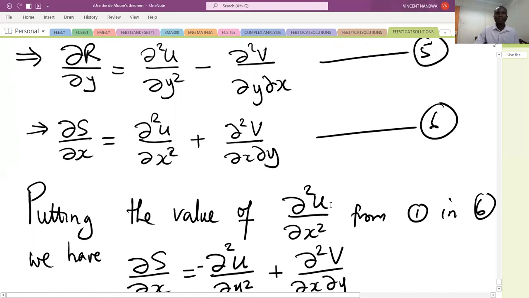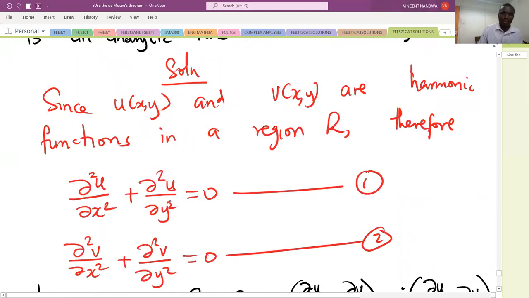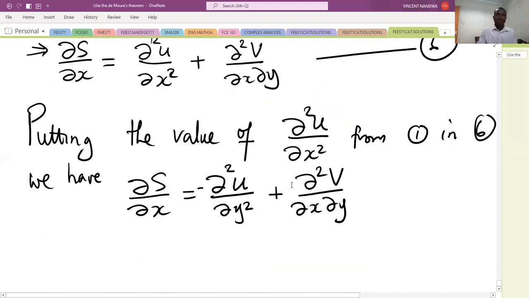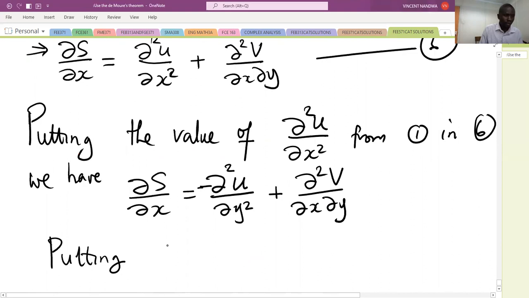Remember from equation 1, it's the same thing as saying ∂²u/∂x² is negative ∂²u/∂y². So that's what we are doing here, so there's a negative sign here. Let's call this one 7.